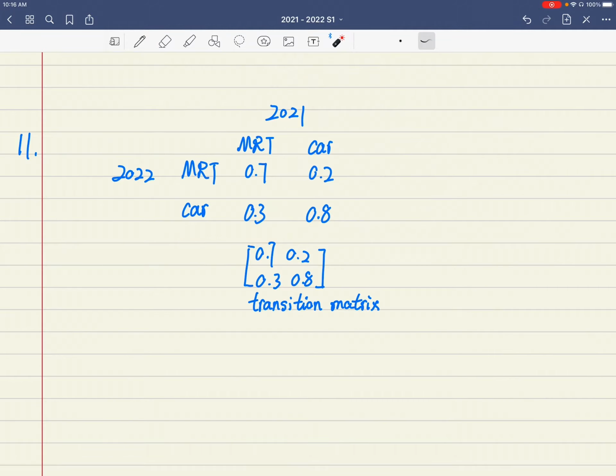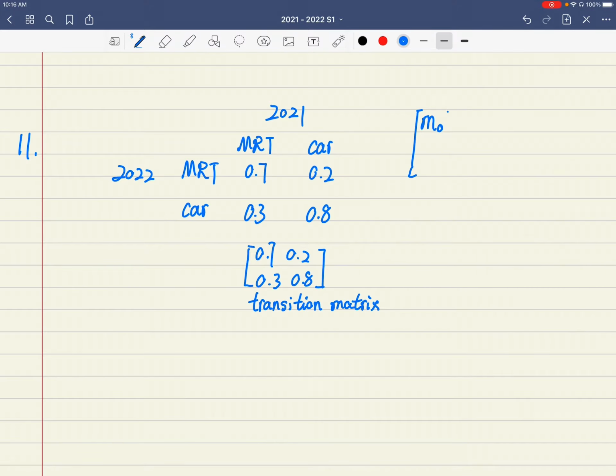That line is explaining this matrix. Suppose the population of the area remains constant, so there is no increase or decrease of the total population. And initially, let's say 2021, there are 30% of the commuters who use mass transit. M stands for MRT, so initially let's call it M0. This is year 0.